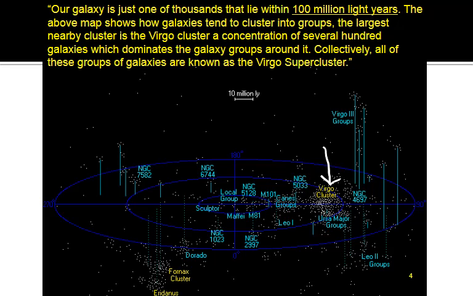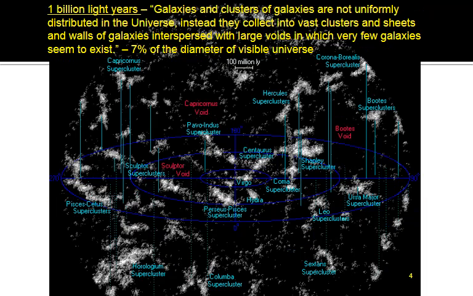And so here we are in the local group, and we're pretty far away from the, well, everything's relative in astronomy, but far away from the Virgo cluster. 100 million light years, we can see there. So 10 million is the scale here. So the Virgo cluster is a little bit closer than 100 million light years.